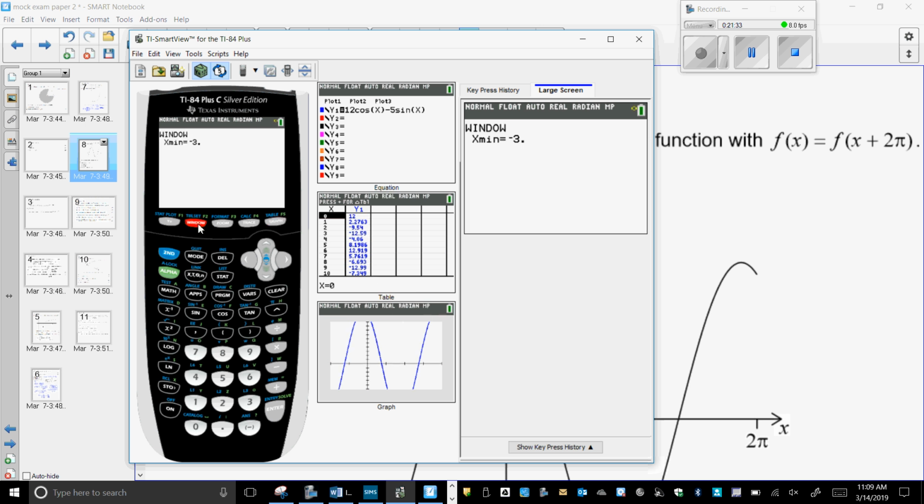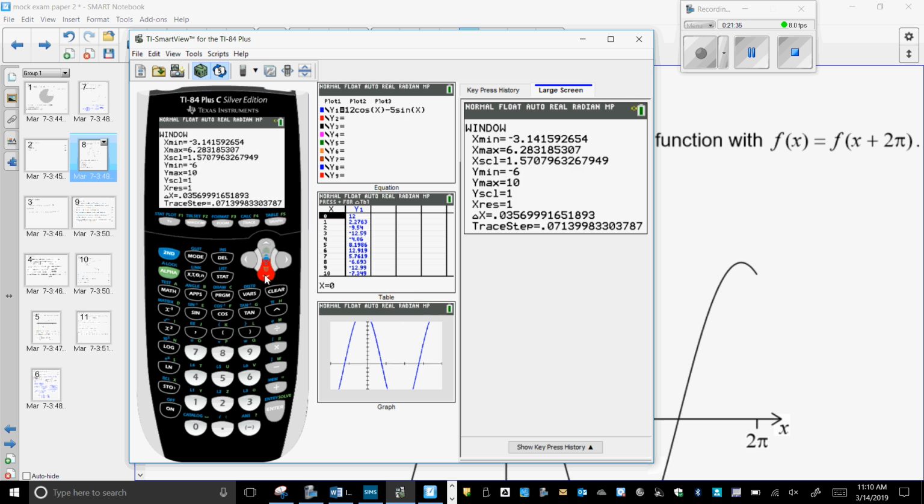Let me change it again. Oops, too far. Let's go 15 and 10. Let's go -15.